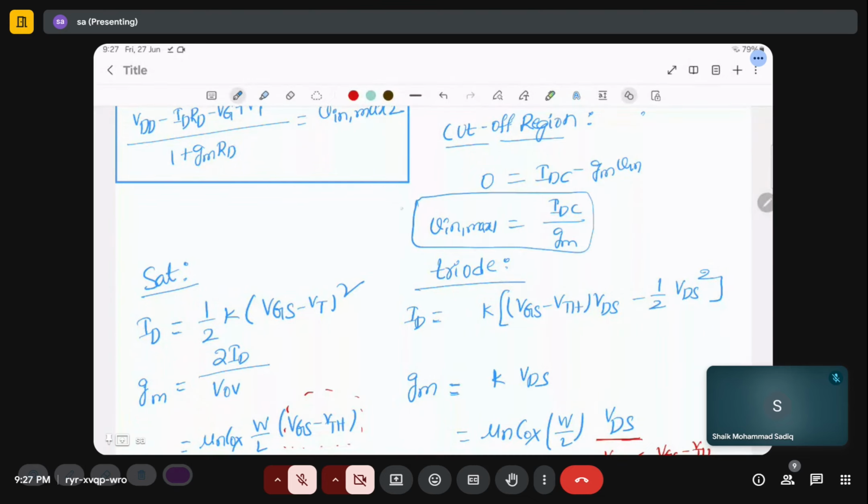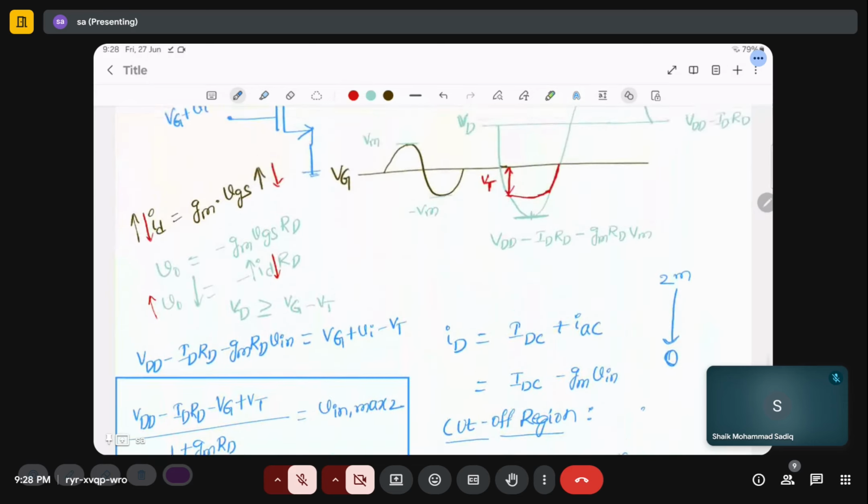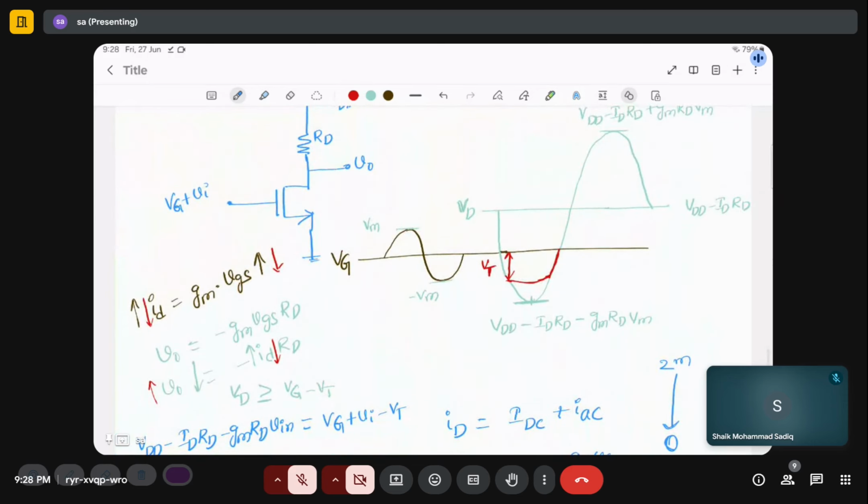Essentially, what is happening here is when your input voltage is going up, the output voltage is coming down. When the output voltage goes down, it enters into triode region. When the input voltage is going down, the output voltage is going up.